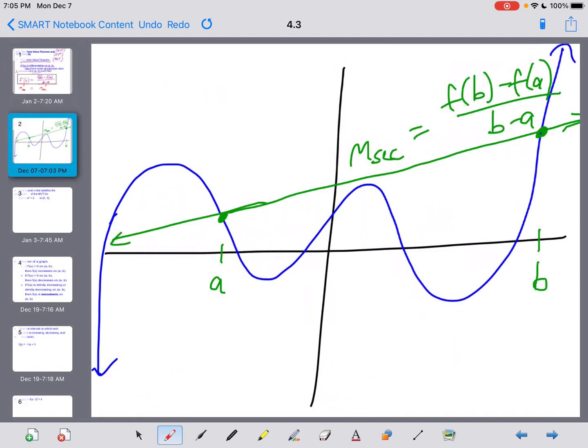So there is at least one point between A and B where the slope of the tangent would equal the slope of the secant.